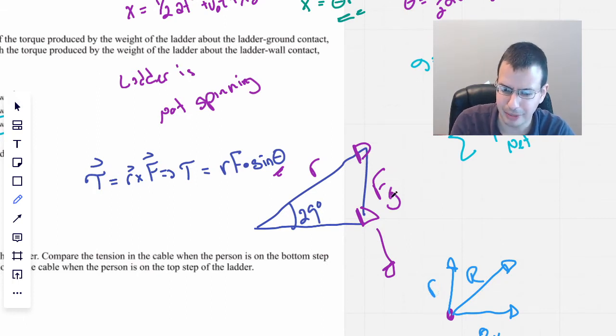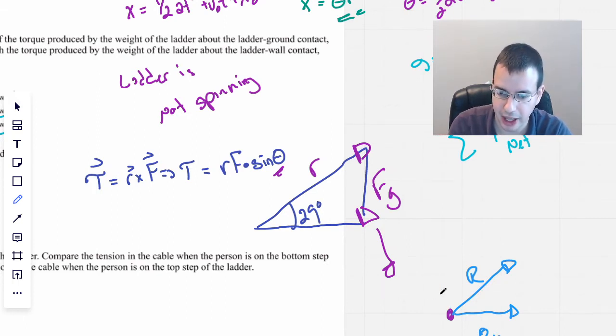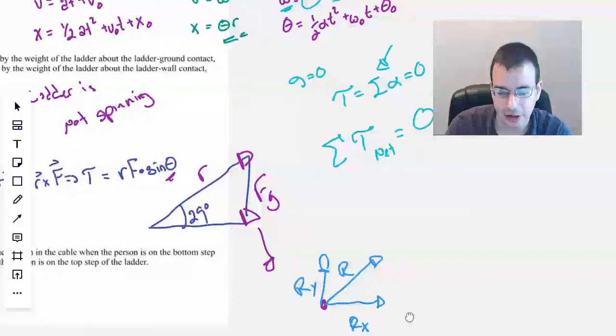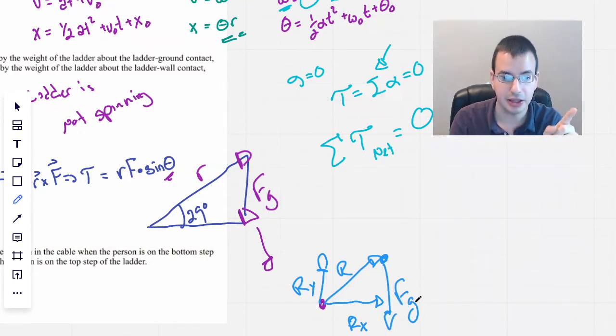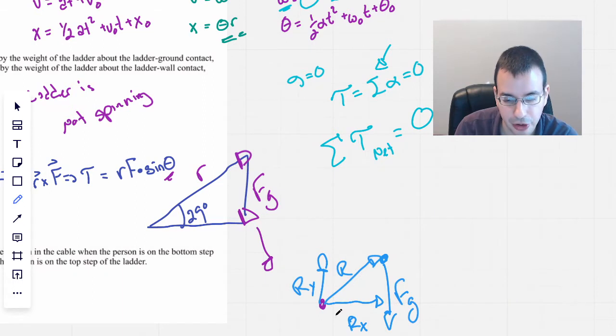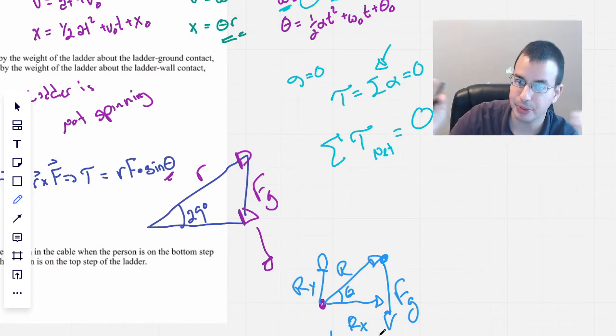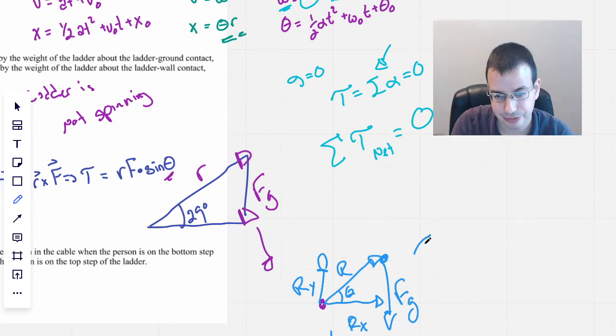No, it's totally backwards. R x, R y. And then we have our force of gravity here. And so the only part that's going to matter will be this portion here, the x component, because that's the part that's perpendicular to gravity.